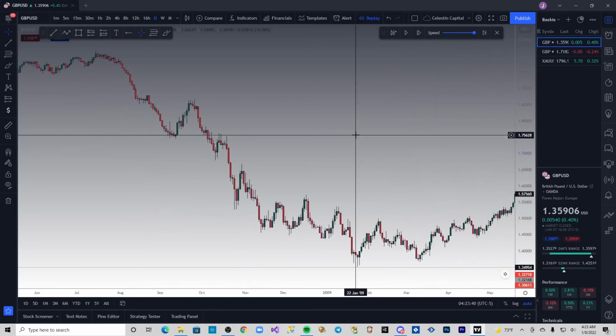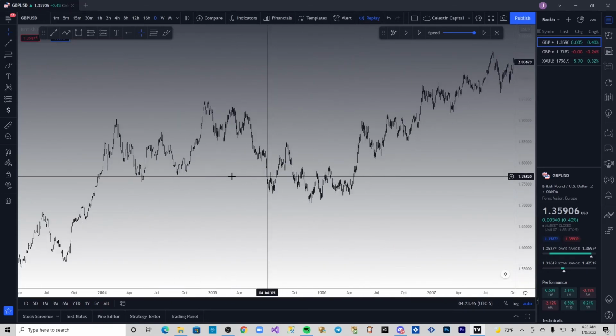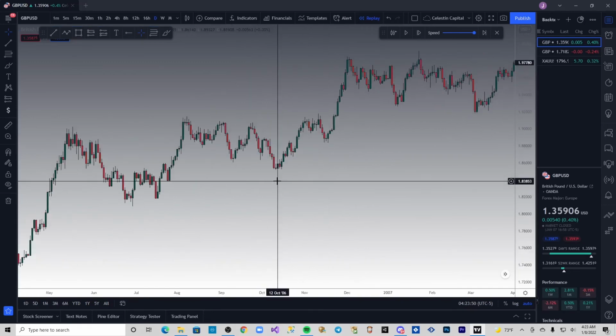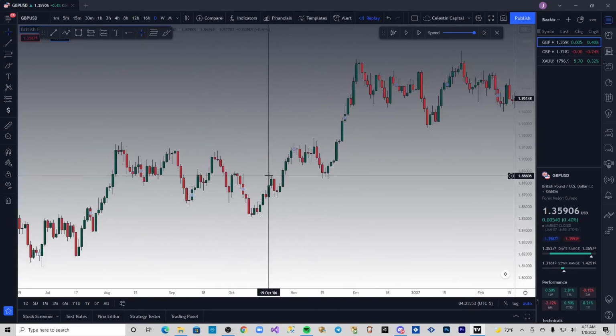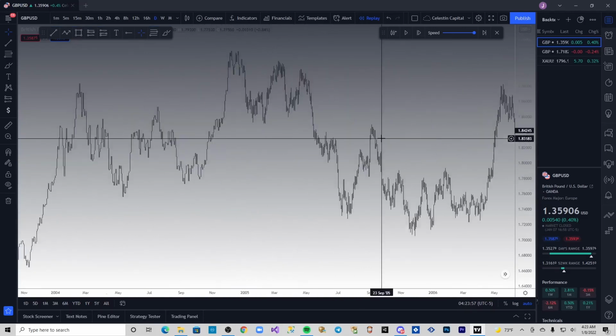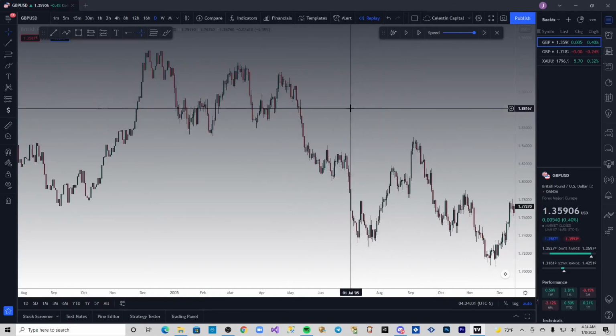Let's see if we can capitalize off of something like this. We can expect it, or a bullish market, excuse me. Let's take a look at this right here. So we have a nice one right over here. So let's take a look.